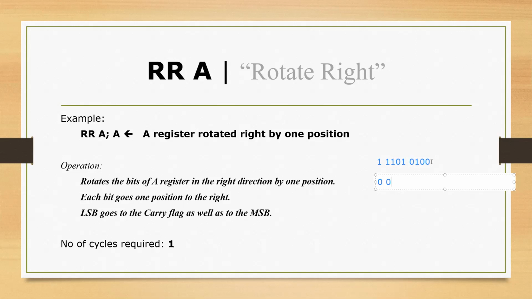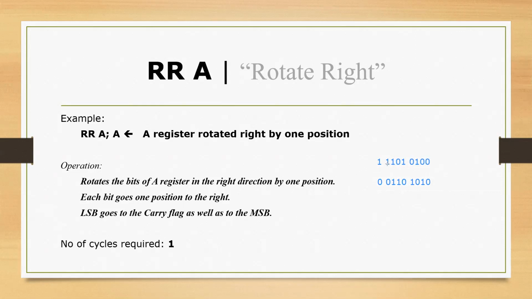So this LSB comes to carry flag and also to the MSB, and all other bits are rotated right by one bit position. So this will be the answer after rotating one time. That is, every bit is shifted to right by one bit position.